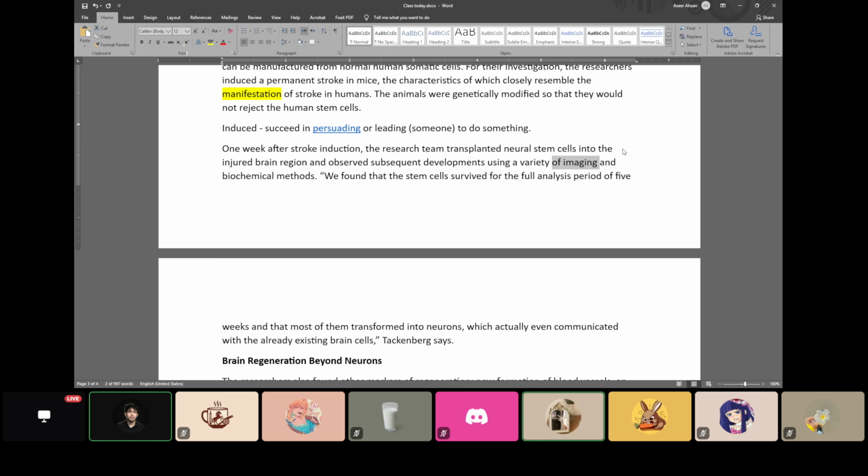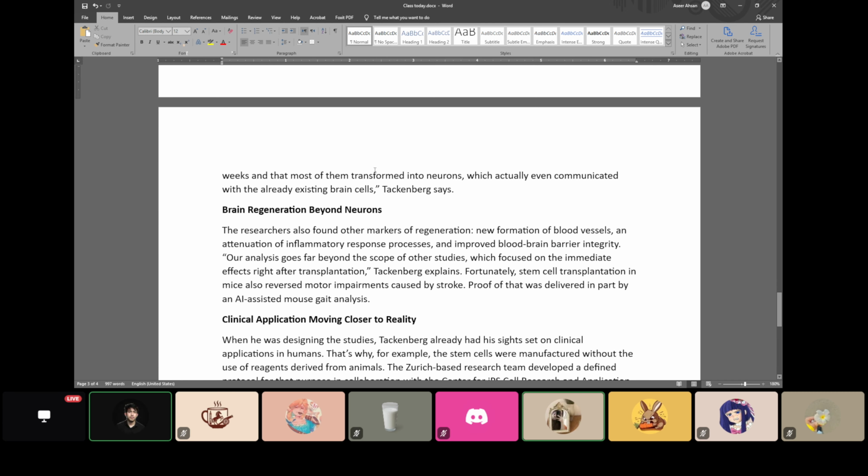We found that the stem cells survived for the full analysis period of 5 weeks, and that most of them transformed into neurons, which actually even communicated with the already existing brain cells, Tackenberg says. Thank you so much.